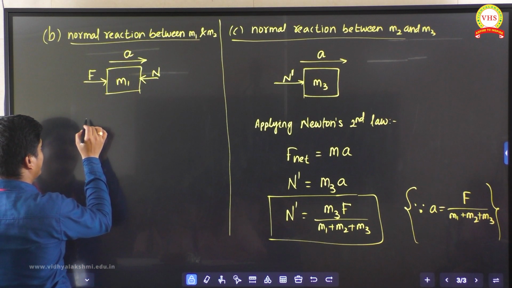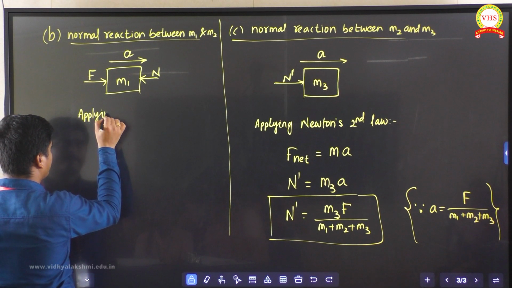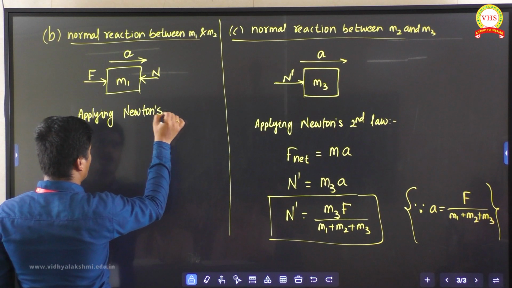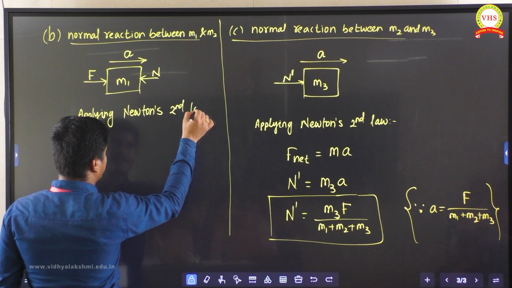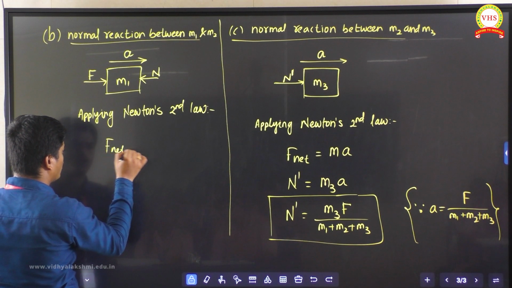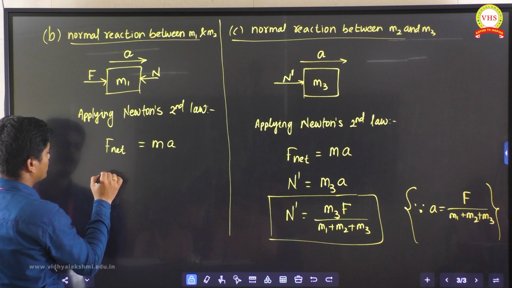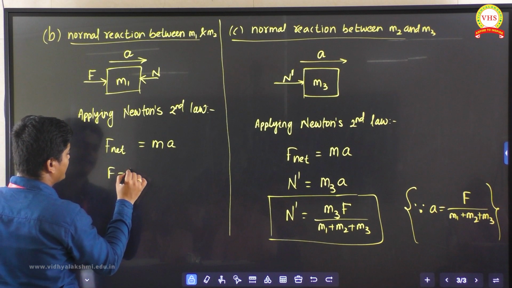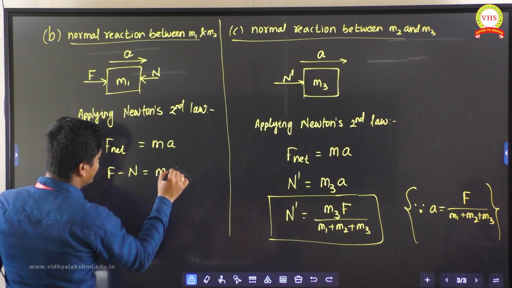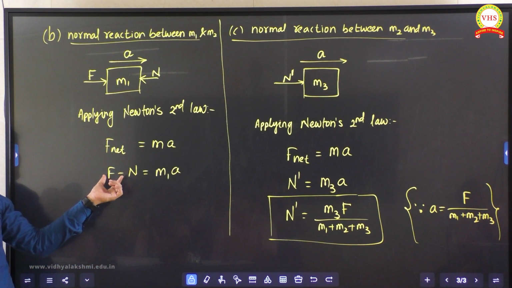Now here if you want to write, applying Newton's second law, what can I get? F net equal to mass times acceleration. F net is nothing but capital F minus N equal to m1 into A. See here, why is net force F minus N?